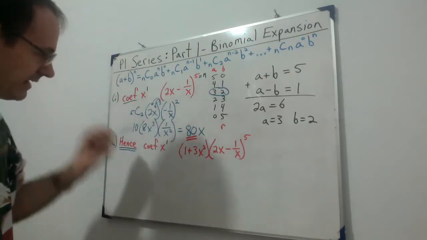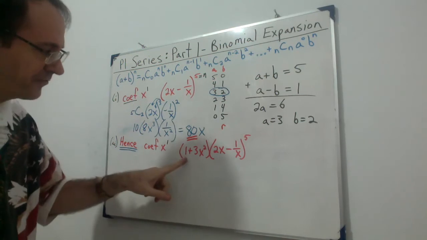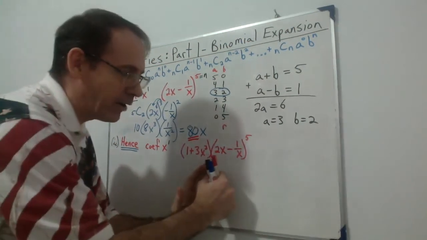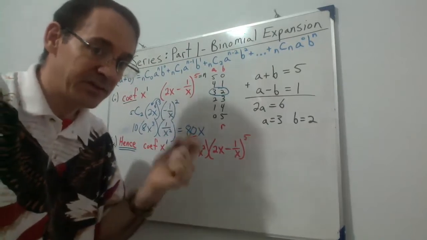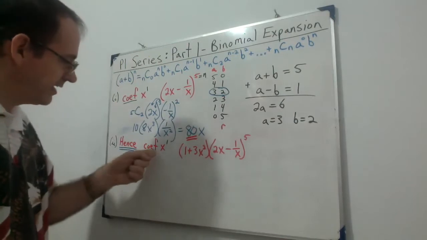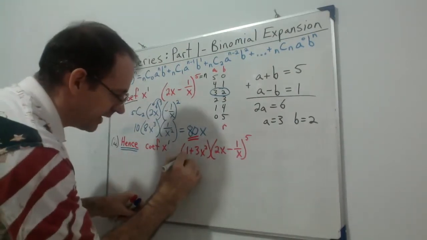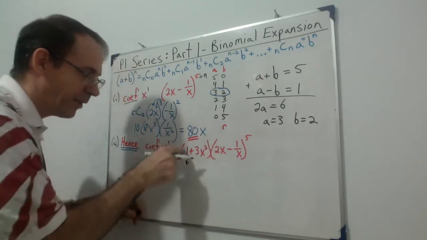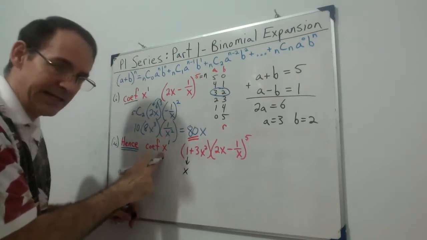If I need to end up with an x to the 1, and my 1 is going to multiply all 6 of those terms, which term specifically do I want it to multiply by to get an x to the 1? Well, I hope that's obvious. To get an x to the 1, I need to multiply 1 by x. 1 times x will give me an x.